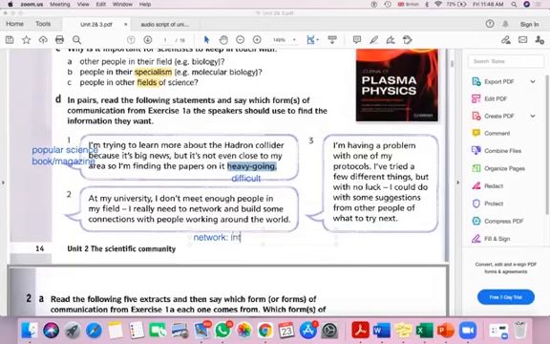So, network here as a verb means to interact with others to exchange information. I really need to network and build some connection with people working around the world.